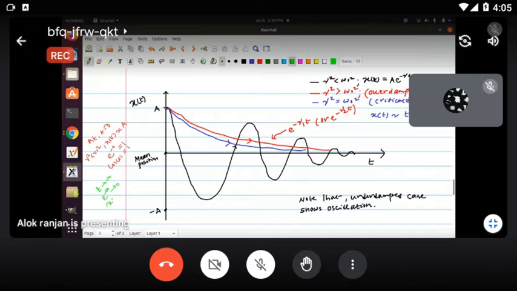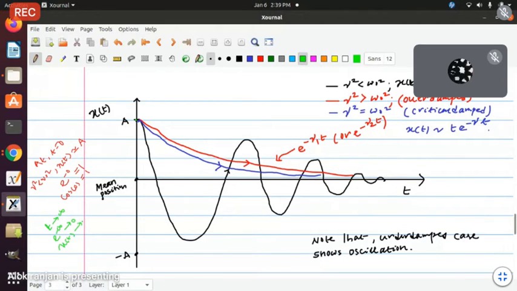Therefore the solution will go to 0. Hence as time moves on, the solution will be 0. It's a decaying solution. And for any other values, you have the superimposition of these two functions. Actually you have an oscillatory function and then it will decay with an exponential.